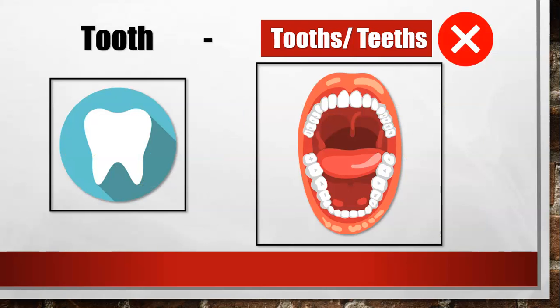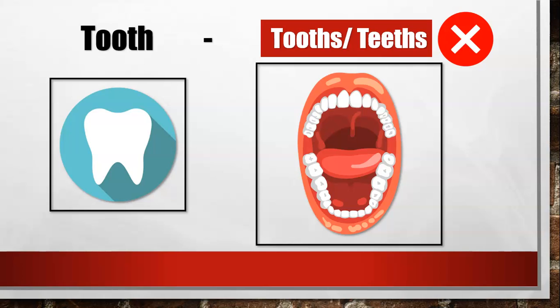This is another very common error that I have heard people make when they are pronouncing or giving the plural of tooth. So I've heard in my career as a teacher, as a principal, as a coach, I've come across many students and even teachers. I don't blame them because maybe that is how their teachers taught them and they have carried that trend forward.